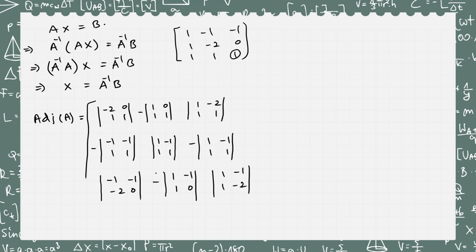So this we have to solve, then only we will be able to find out our adjoint of A's value, and that is going to be minus 2 minus 0, which is minus 2, and the determinant's answer is 1 minus 0.